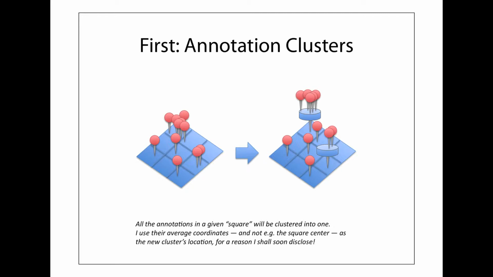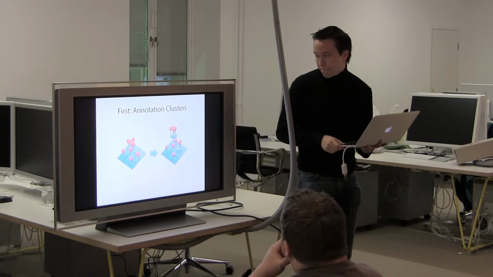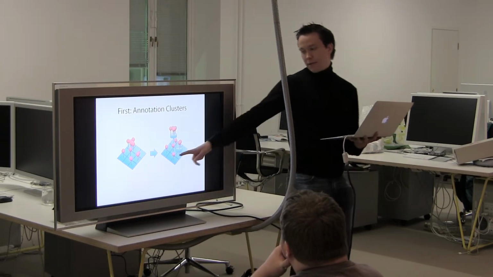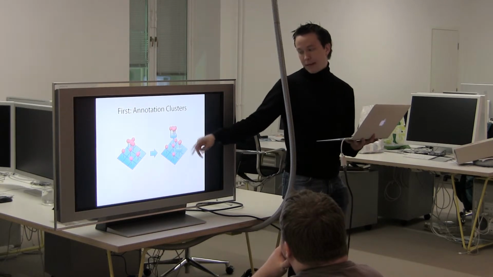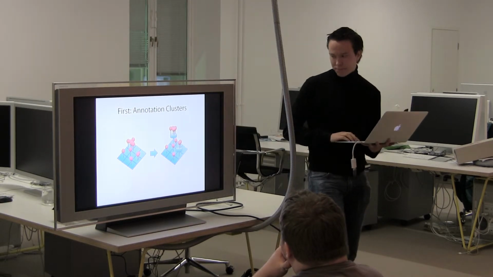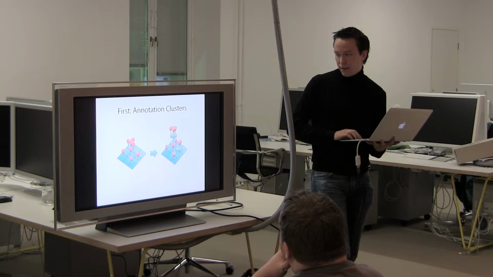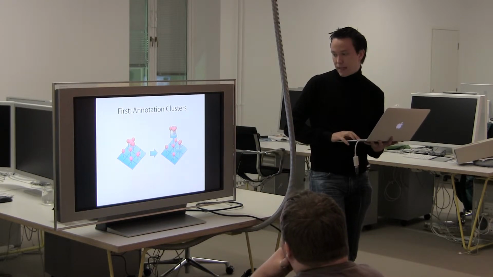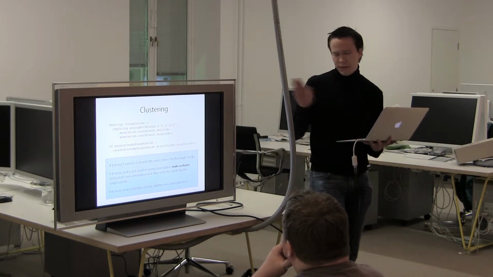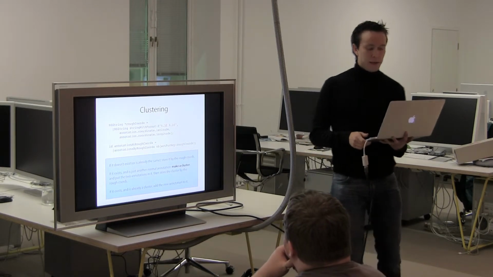So those two here, we could present with one annotation, which then holds the information of all the individual things that are in the same square. Here we have even more. Whereas here it's enough that they are all in their respective squares, so there's no point in mashing those together.